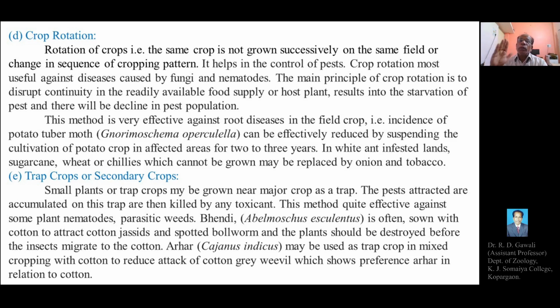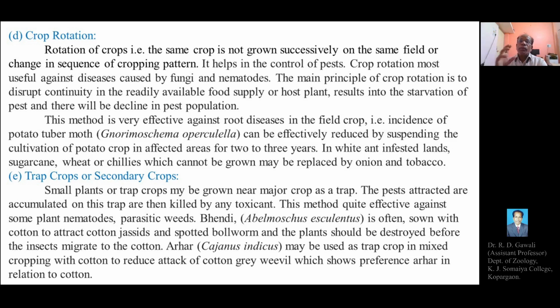So, along with the cotton field, we can grow the trap crop, bhendi, and ultimately the different types of pests which are attacking the cotton field, that is cotton jassids and spotted bollworm, like red cotton bug, can be diverted from the major cotton field to the bhendi trap.